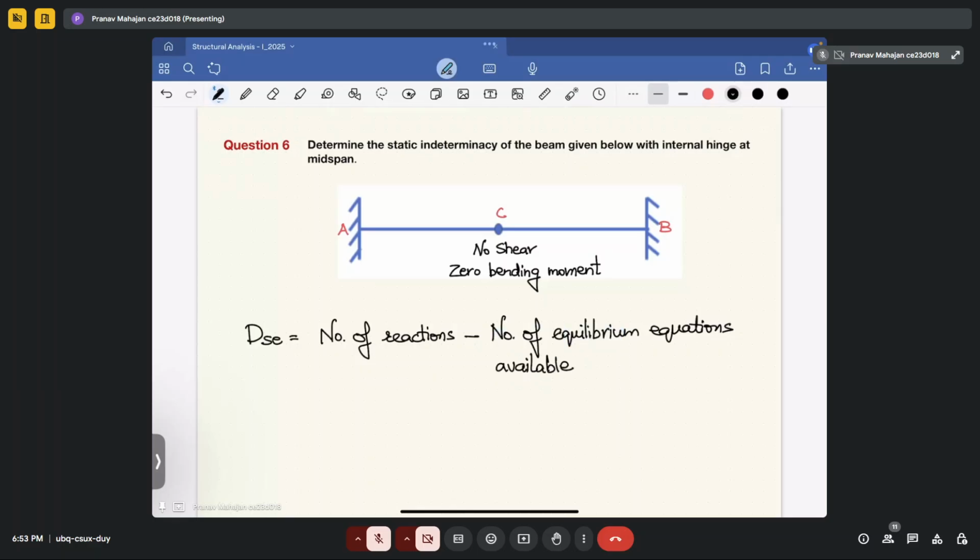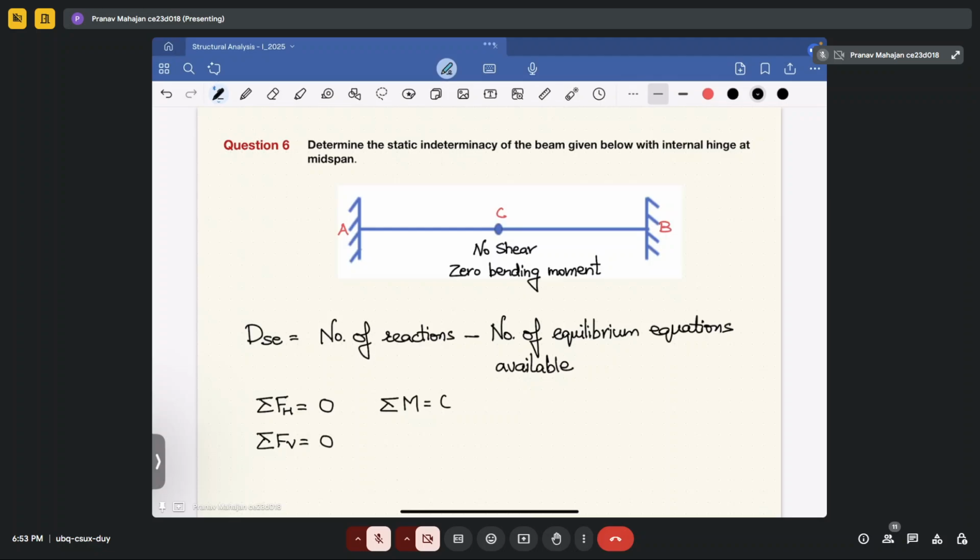Okay. So in this case, how many equilibrium equations are available? First is summation of force in horizontal direction equal to 0. This is your one equation. Second is summation of force in vertical direction equal to 0. Another equation. Third is moment at any particular point will be equal to 0. Okay.